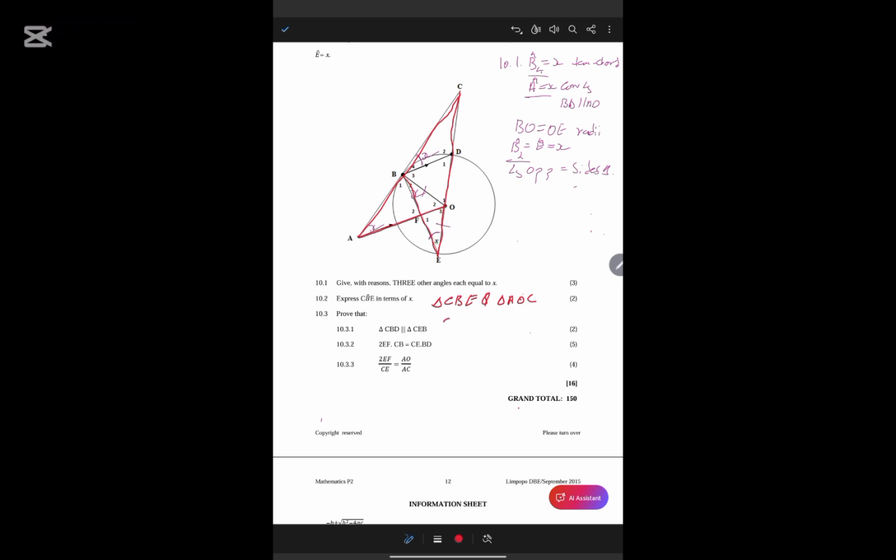One, we can already see that angle C is common. Now, which other angles are equal? We also know that angle A is equal to angle E. They both equal angle x. It was proven in the previous question. Now, that means the third angle is also equal.